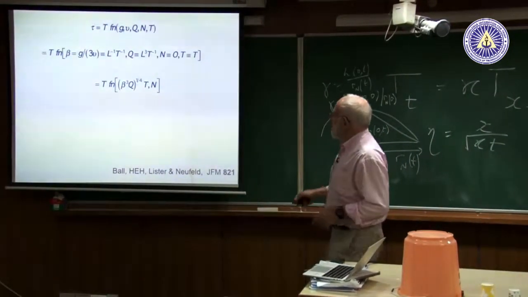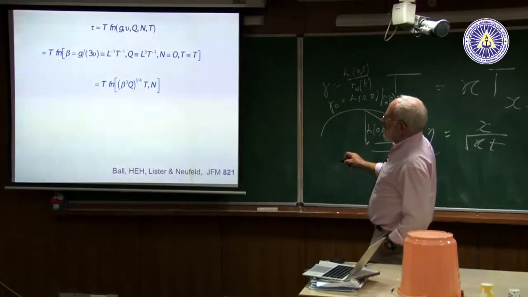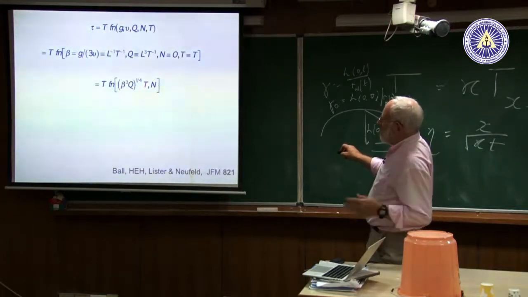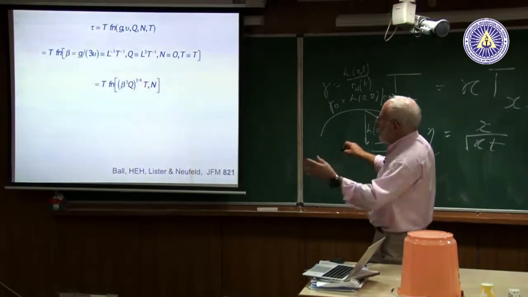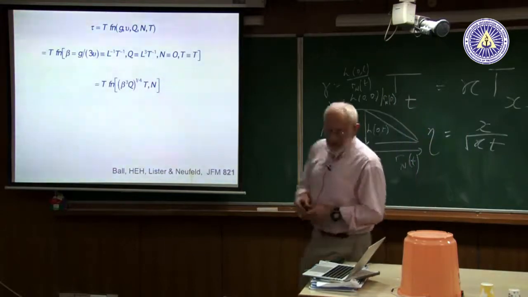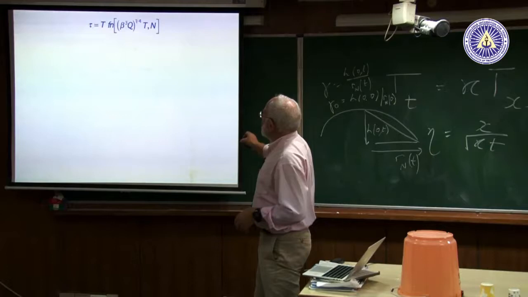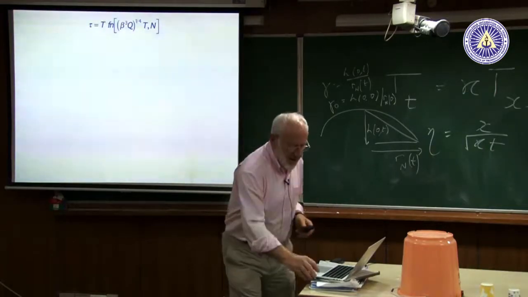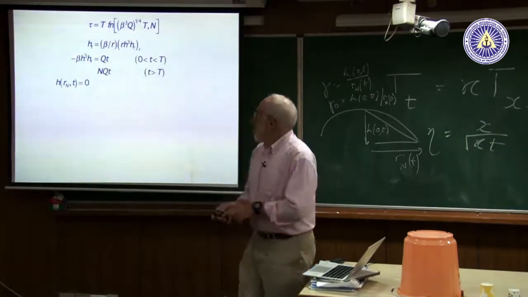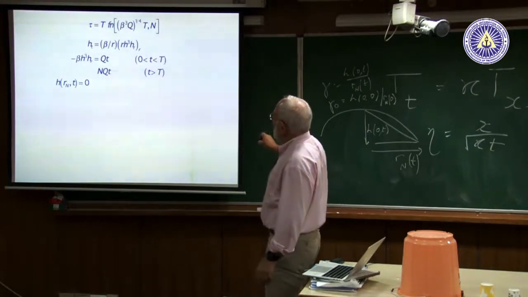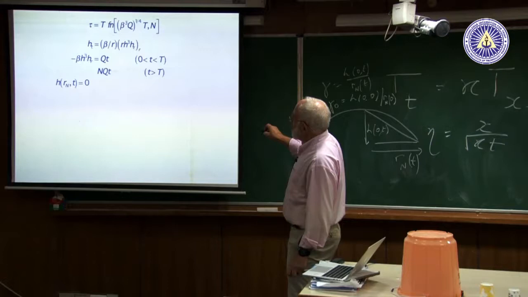And what that says is that it's got to go like T times some function of this normalized capital T, the time it's been going before you change it by an amount n. So that's what you have by dimensional analysis. Then you write down the equations. It's the same equation as before, slightly different conditions.